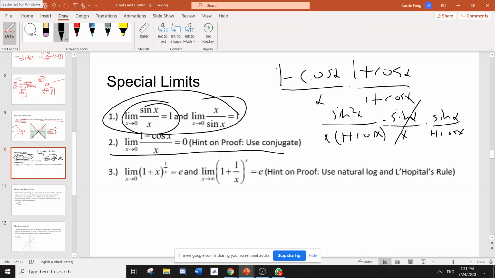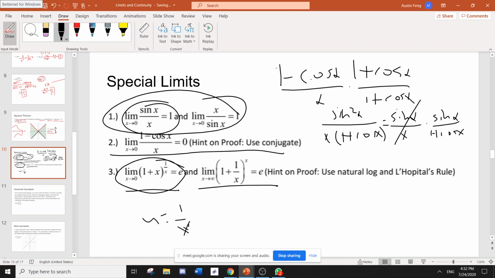Now, number 3, we can't prove the first one, but using the first part of the third special limit, we can prove the second part. Okay, I'm confusing myself. Let's say we let u is equal to 1 over x.